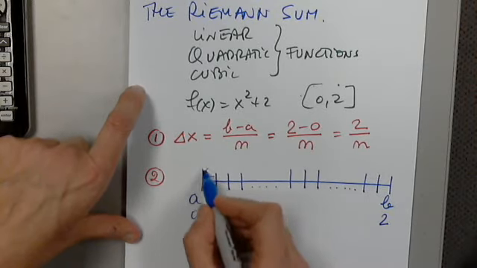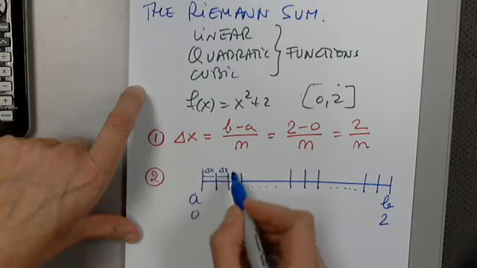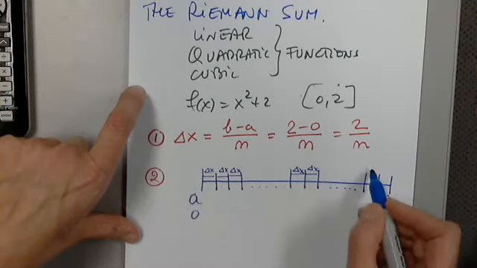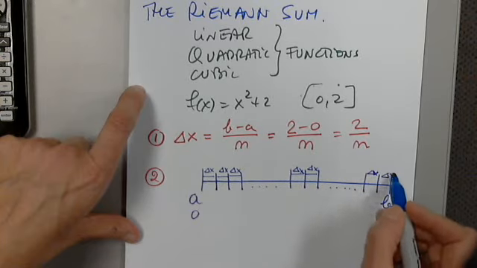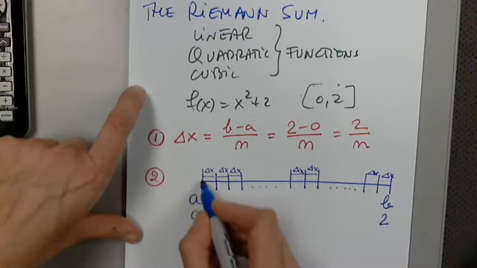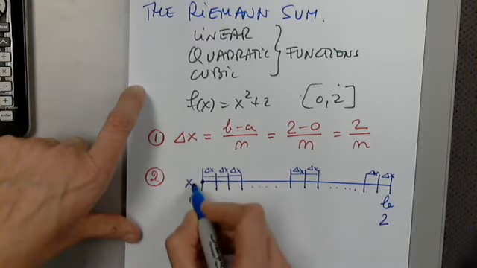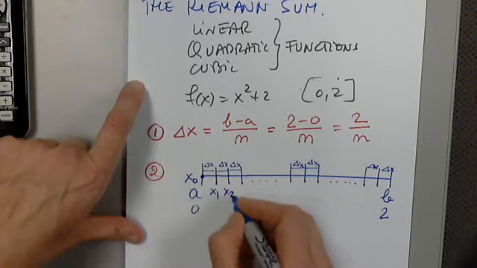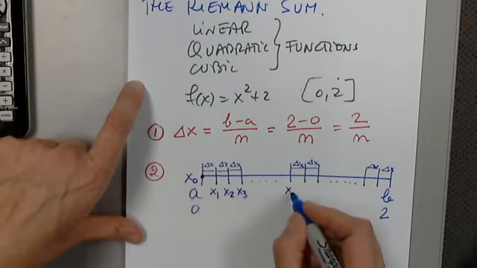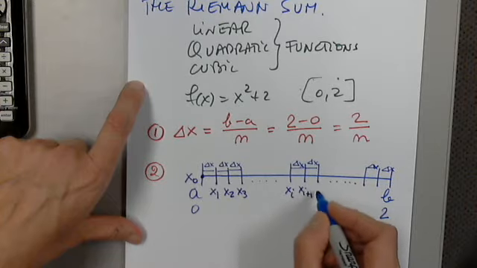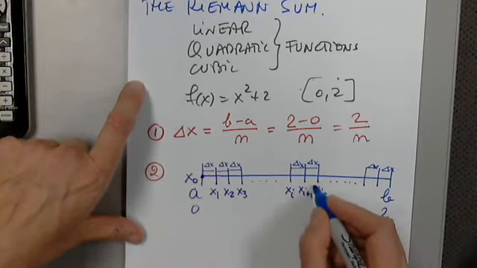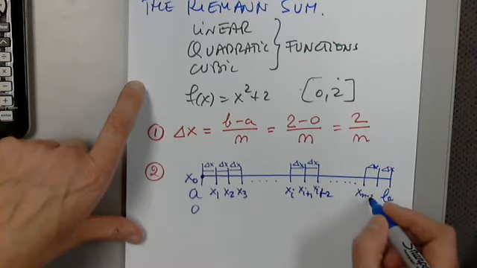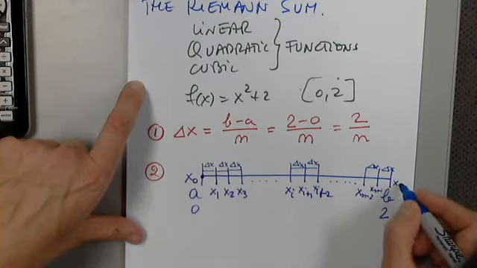So this is delta x, delta x, delta x, and so on. So this point, the leftmost point, is also called x0. The first one will be x1, and then x2, and then x3. And then xi and xi plus 1 and xi plus 2, and then xn minus 2 and xn minus 1, and the last one is xn.